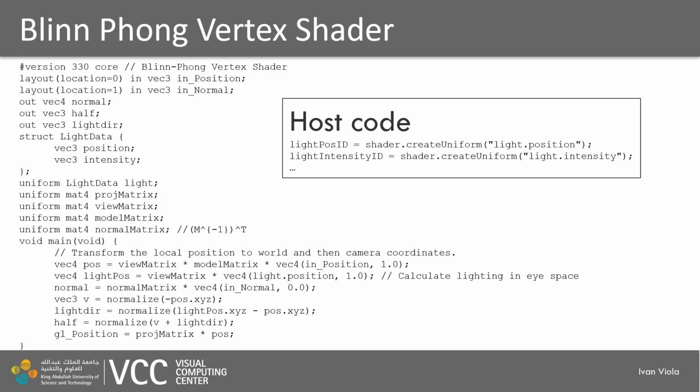Now let's have a look at a more complex, more realistic shader code, which is still not very complicated, where we are realizing our Blinn-Phong illumination. So some part of this operation is realized in the vertex shader, and some part of this operation is completed in the fragment shader.